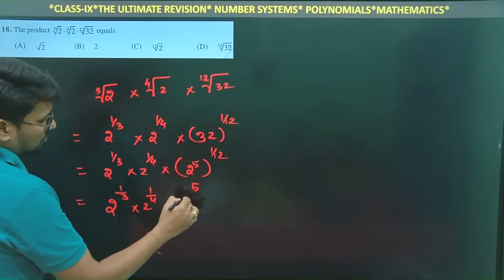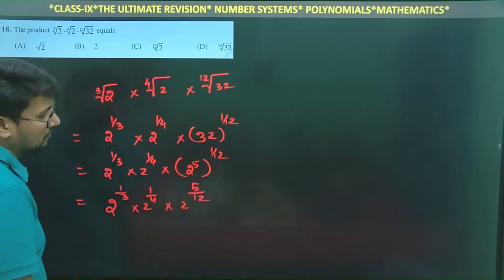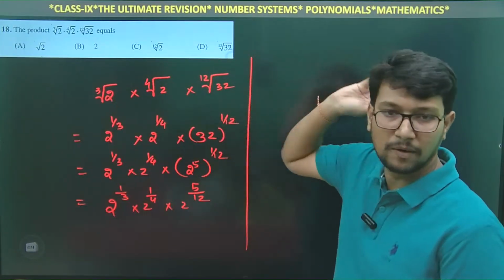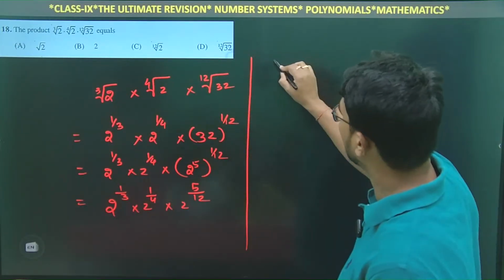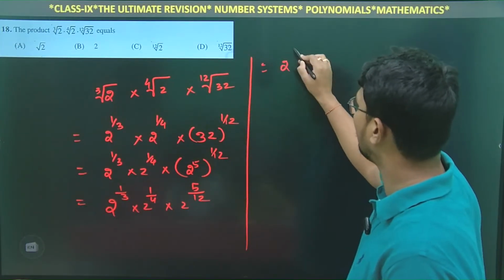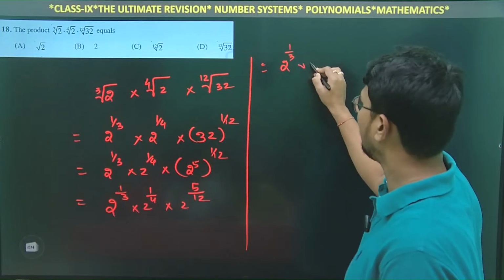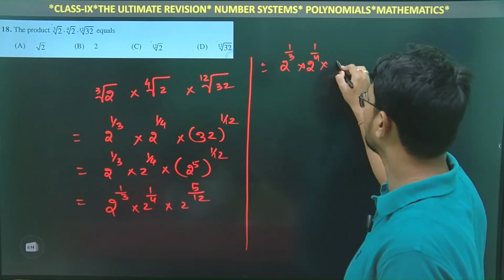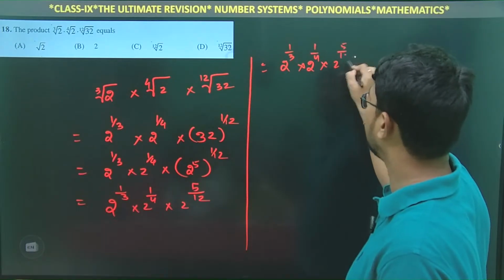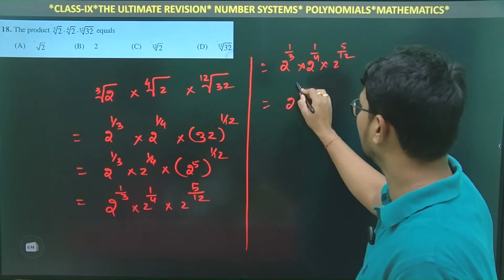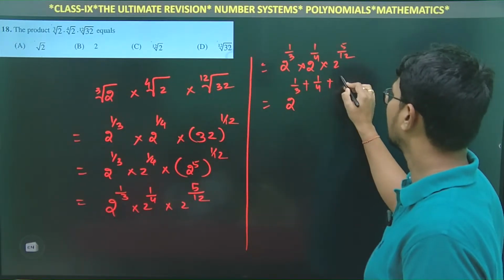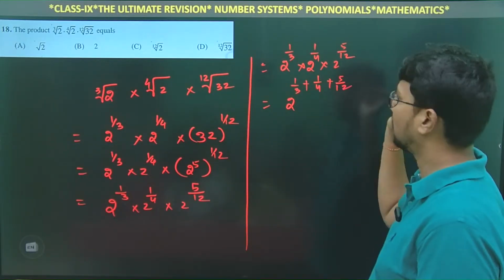So this is 2 to the power 5 by 12. Got it? So therefore it will become 2 to the power 1 by 3 into 2 to the power 1 by 4 into 2 to the power 5 by 12. We have got now. Now 2 to the power how much? 1 by 3 plus 1 by 4 plus 5 by 12.